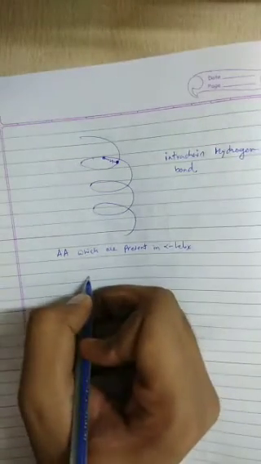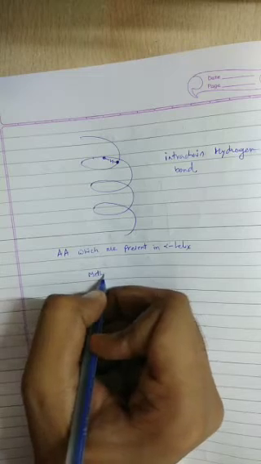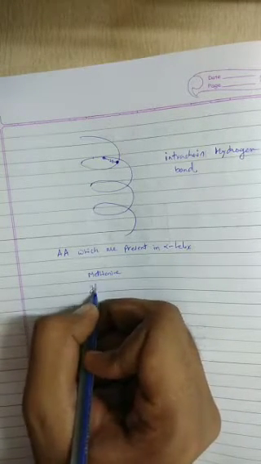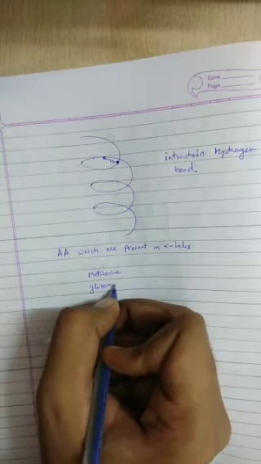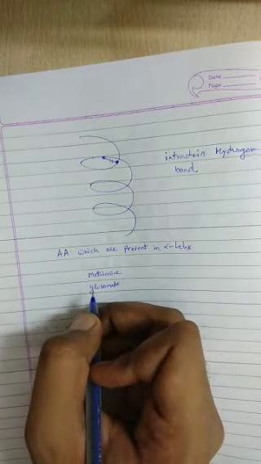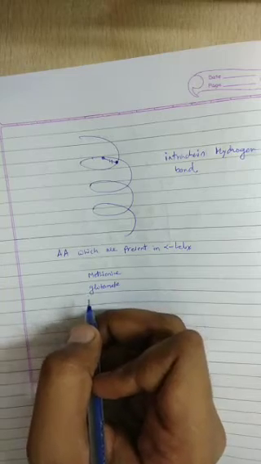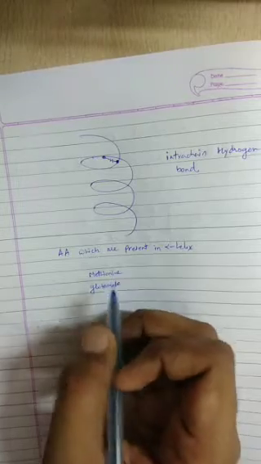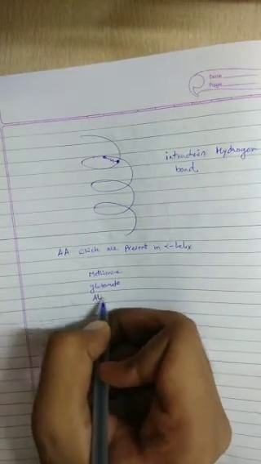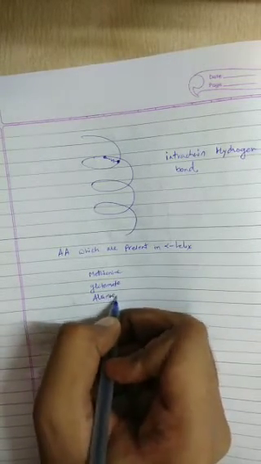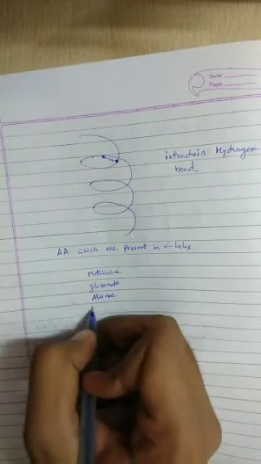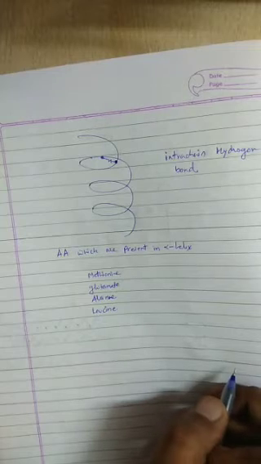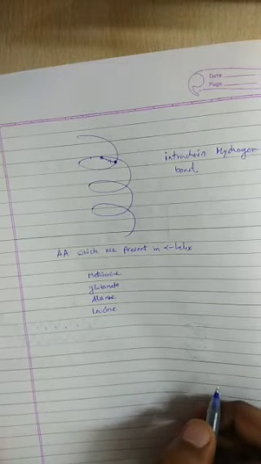They include methionine, glutamate, alanine, and leucine. These are the amino acids which are present in the alpha helix.